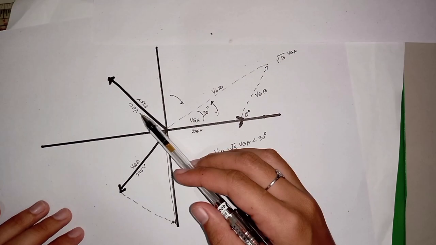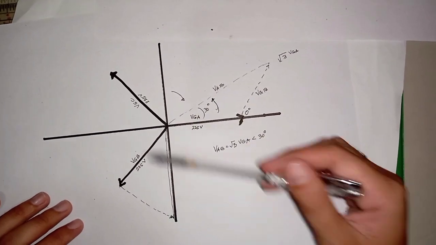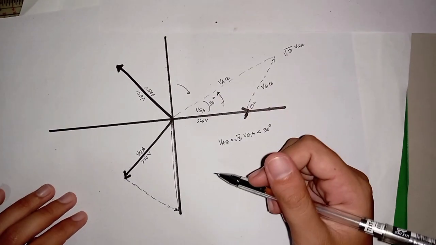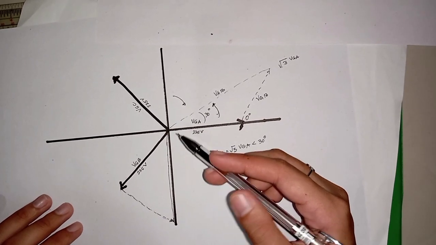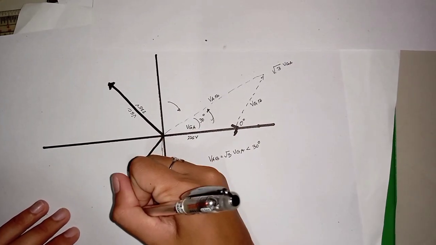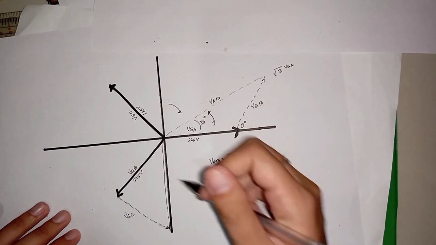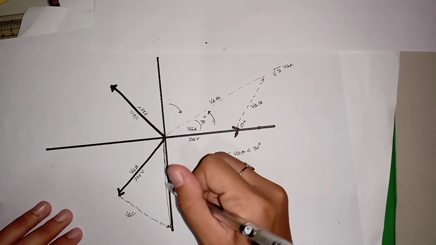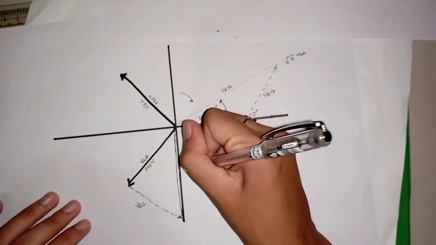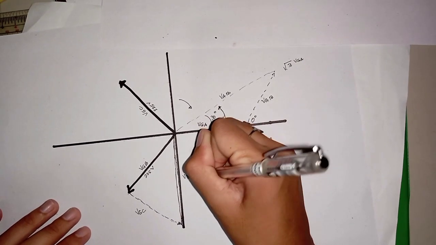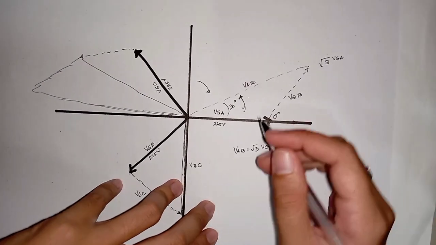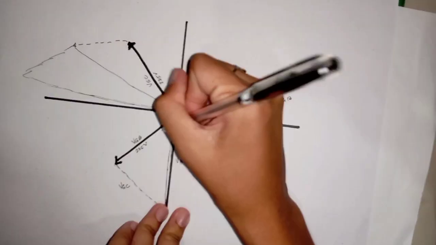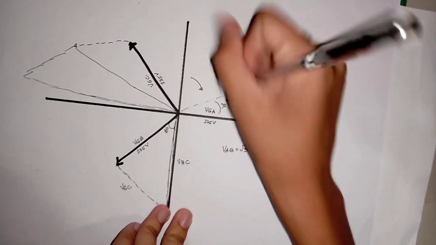Since this is the positive side, let's rotate it by 180 degrees. This is for VGC, and its resulting vector would be our VBC. So we shift this also by 30 degrees in the counterclockwise direction.